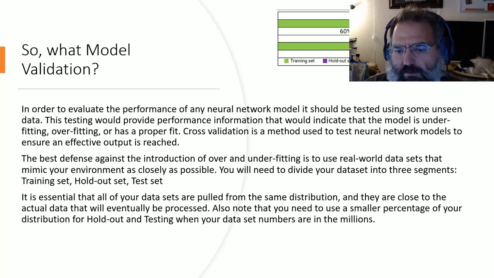Validation you basically use at the end of each epoch. So you do all your training, run all your data through, and at the end of that, you see, well, how good did it do right now? So you use some data, and that gives you a sense of where it's at. You'll also probably want to create a checkpoint so that if something bad happens, you can resume from that point, right?